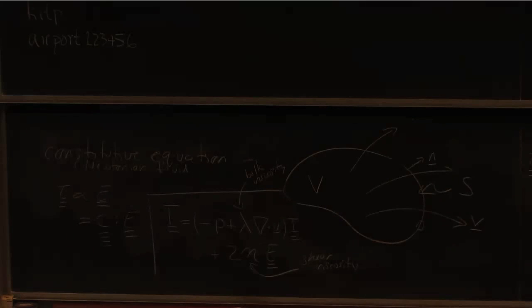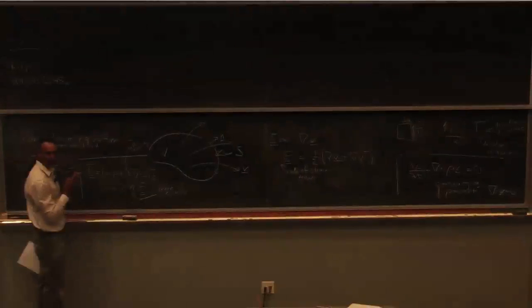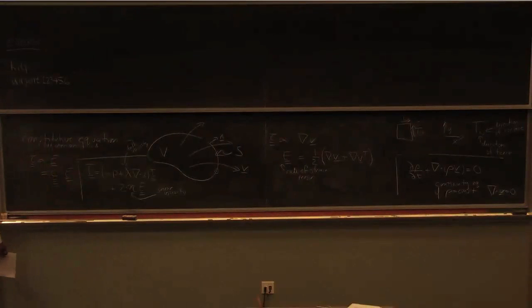How many unknowns do we have? This was the point. We have 3 unknowns for velocity, 1 unknown for the pressure, so 3 plus 1 is 4, and we have 4 equations, and we're good to go.